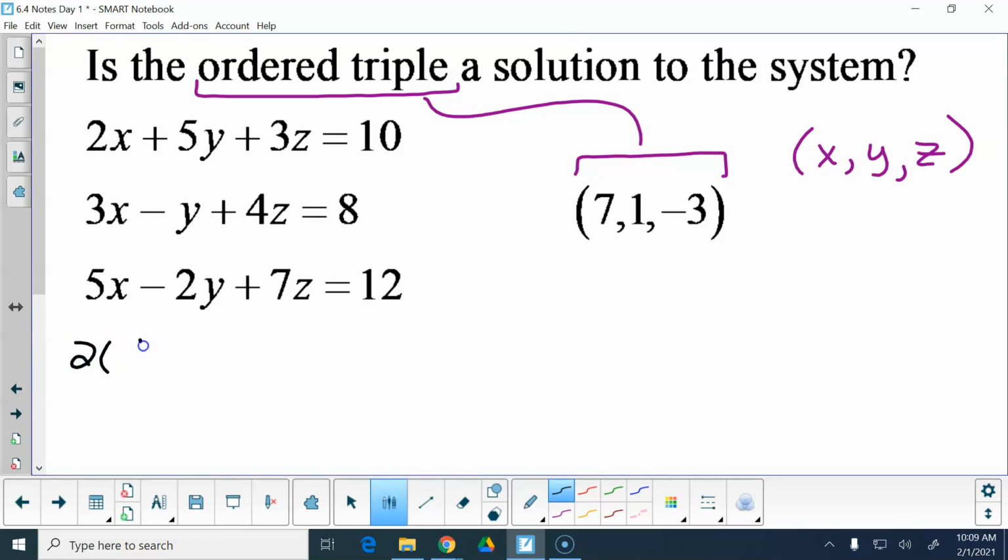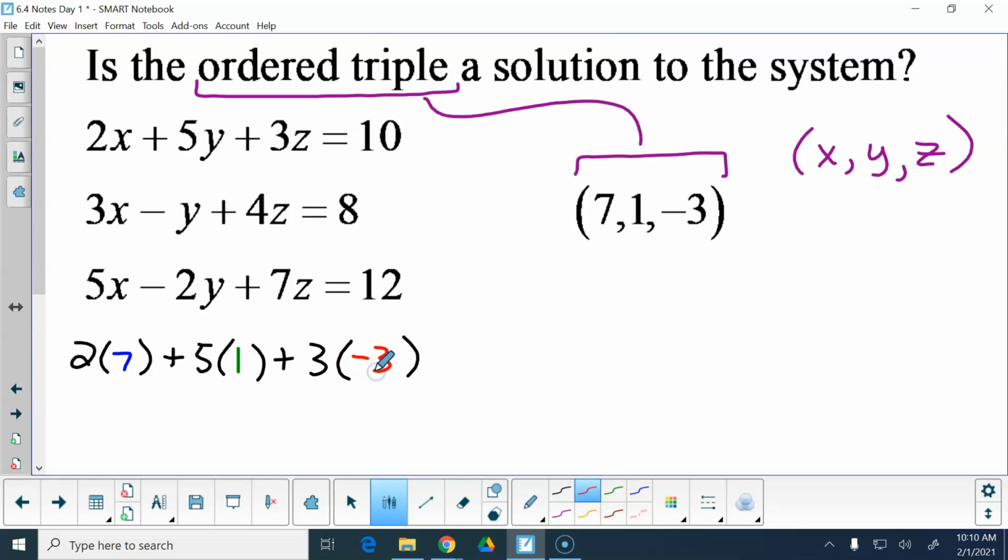2 times 7 plus 5 times 1 plus 3 times negative 3. So that's 7. That's 1.